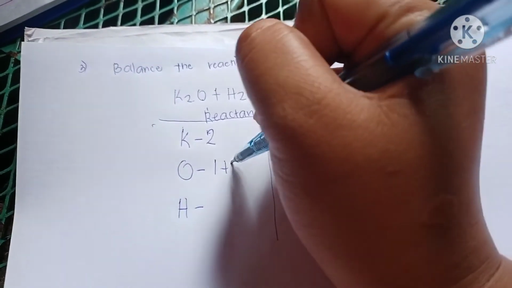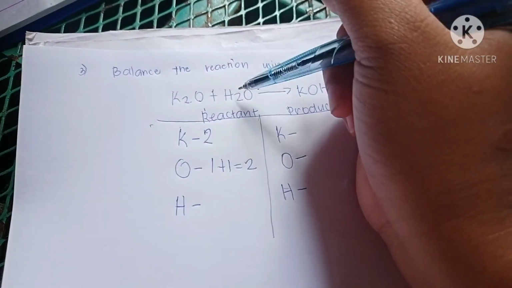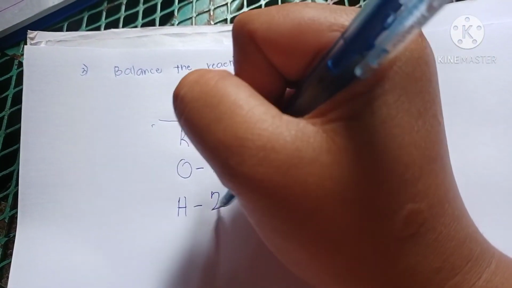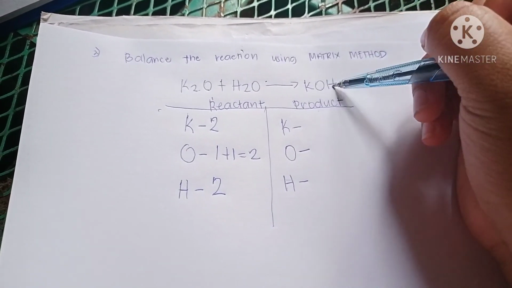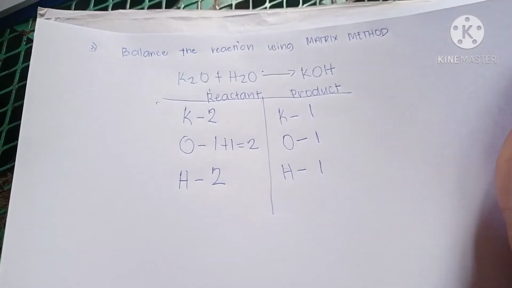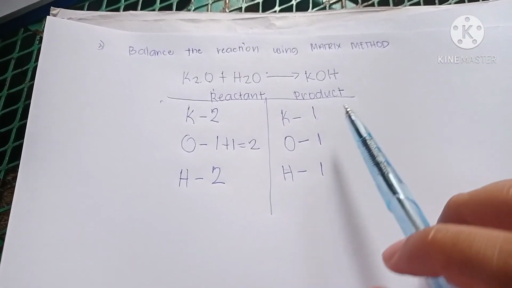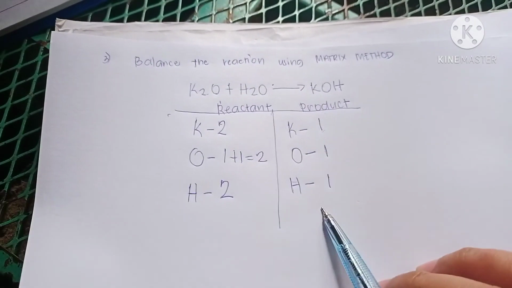So 1 plus 1 is equal to 2. And also for our hydrogen, 2 ka atoms. Sa product side, naa sila tagsa-tagsa ka atom. So 1, 1, and 1. So next thing nga atong buhaton is that dili pa man sila balance. So ang atong sunod buhaton is ato siya i-balance.